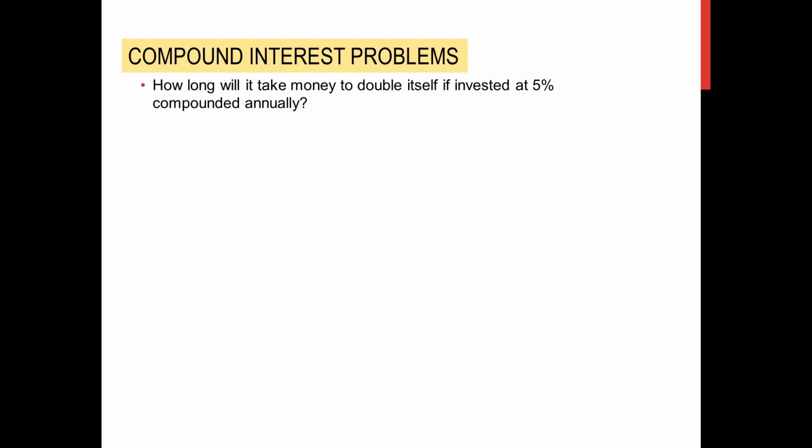Okay, so next problem: how long will it take money to double itself if invested at 5% compounded annually? Again, let x be the number of years. We use the same formula where in the future we express P as 2P because P will be doubled, and then eventually P will cancel on both sides of the equation.